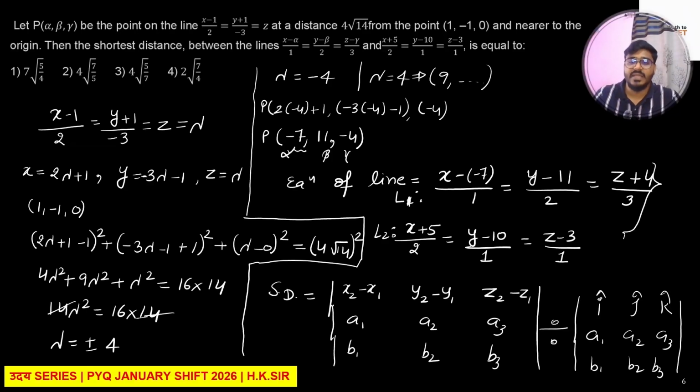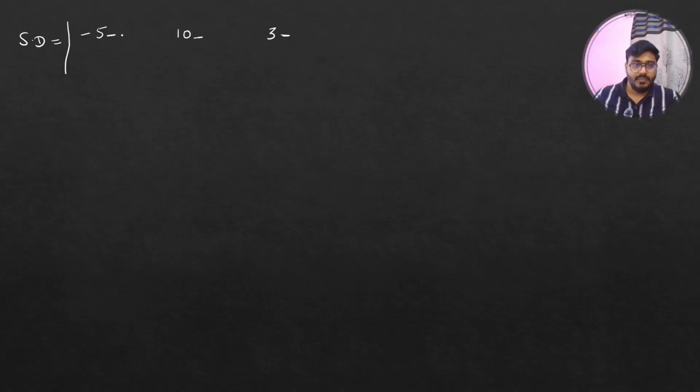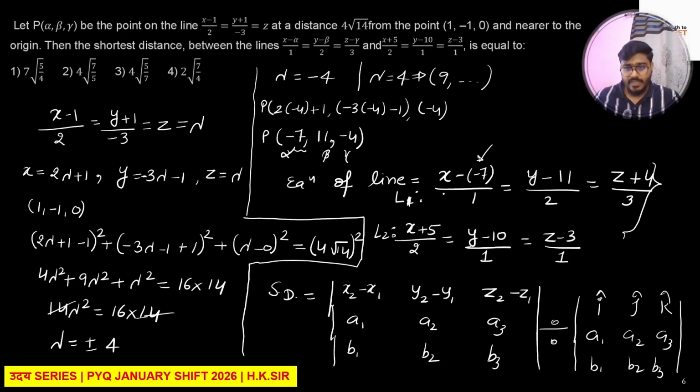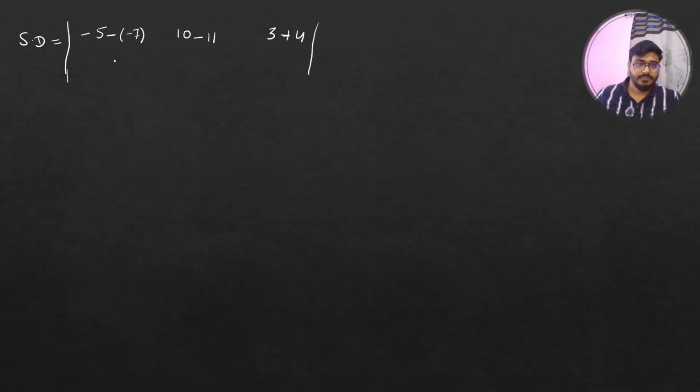The point on the first line is minus 7, 11 and minus 4. So it will be plus 4. What is the direction vector along the line? The direction vector for this line is 1 2 3 and for this one 2 1 1.